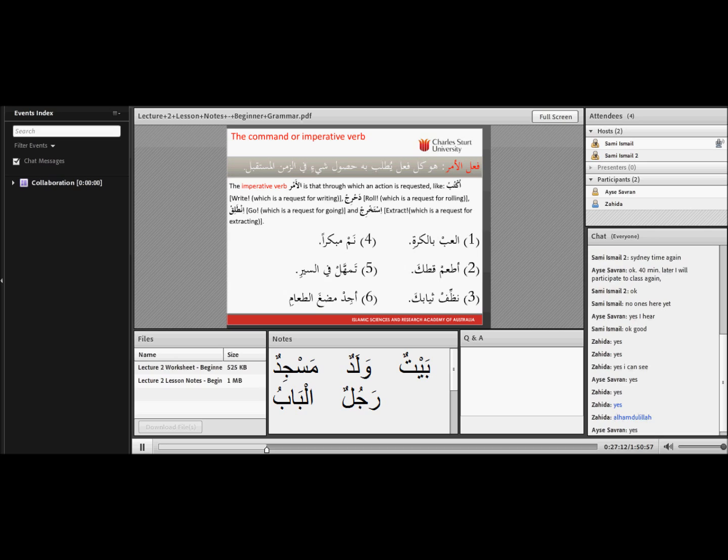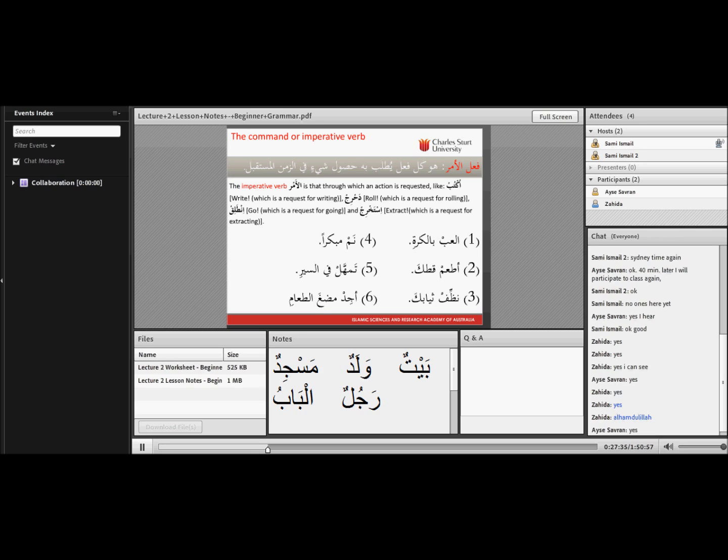So I'm just going to read the definition here. The imperative verb al-amr is that through which an action is requested. So you are requesting for the other person to do an action. For example, uktub. See, again, if you knew the meaning of kataba or yaktubu, uktub is also related to writing.